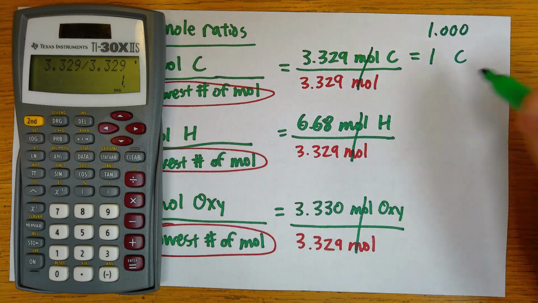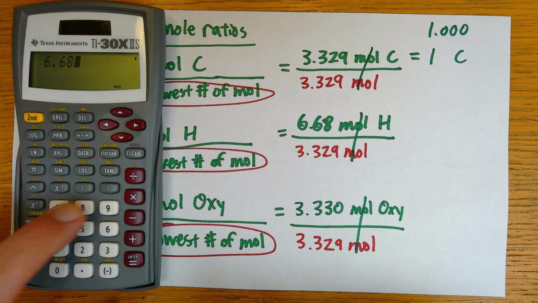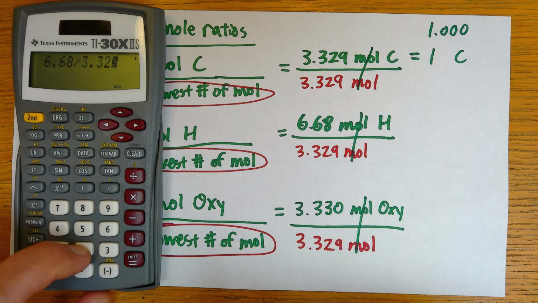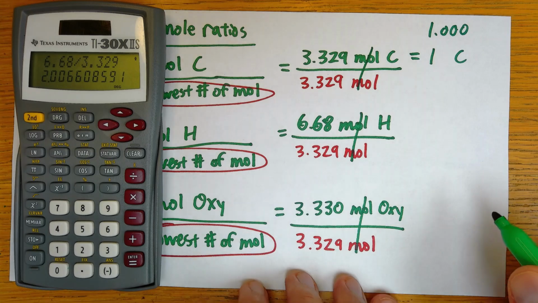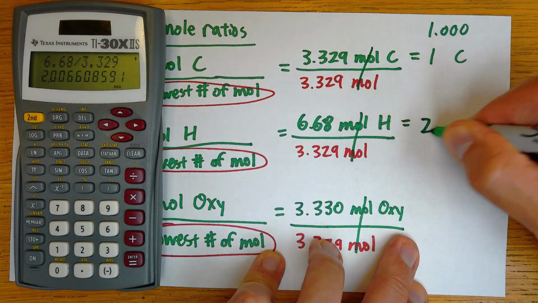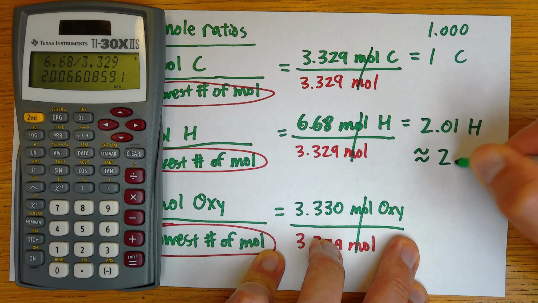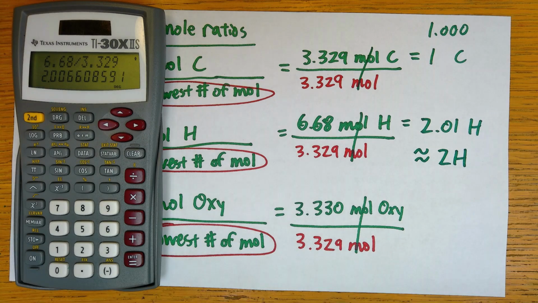Anyways, it's 1 carbon, y'all. And then 6.68 divided by 3.329 is 2.01 hydrogens. And at this point, we're just going to declare that to be 2 hydrogens.